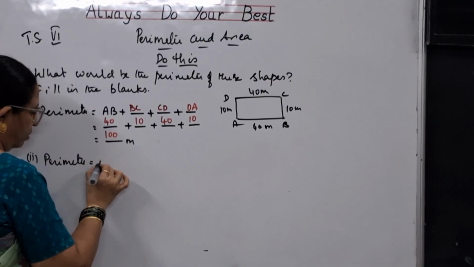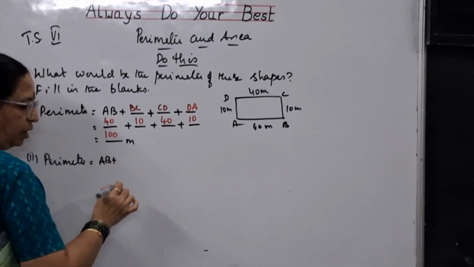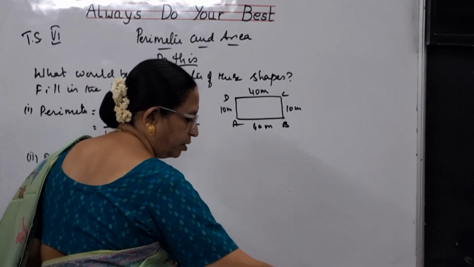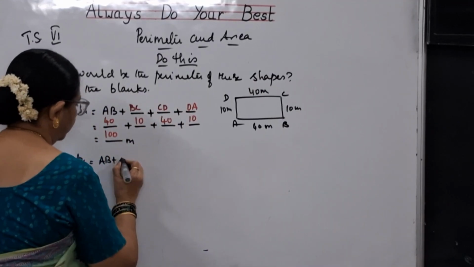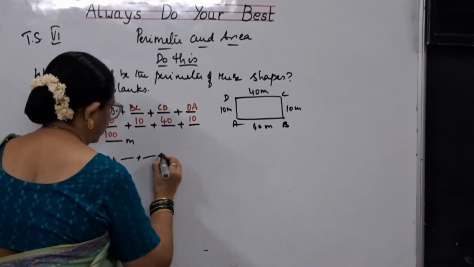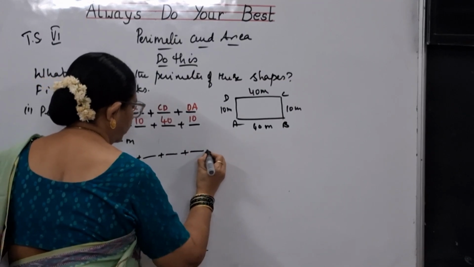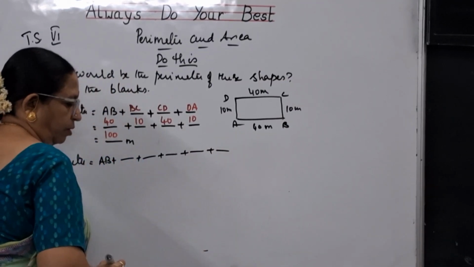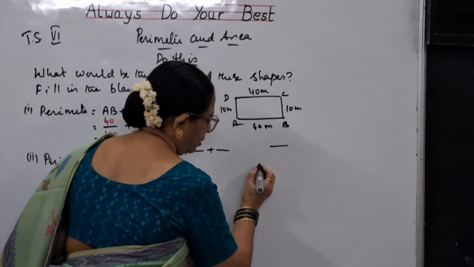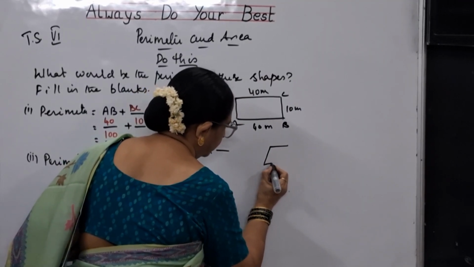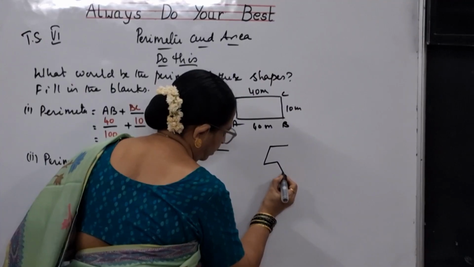Perimeter is equal to AB plus, you have got dashes, five on each side. So the figure is like this.